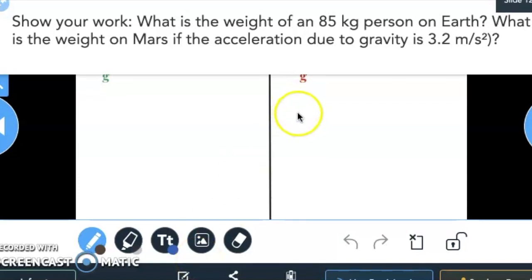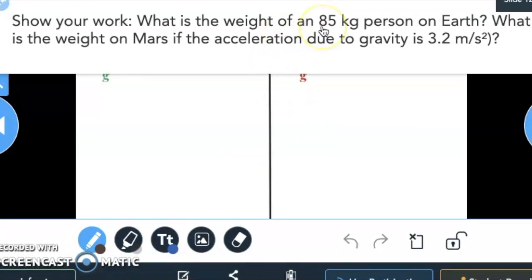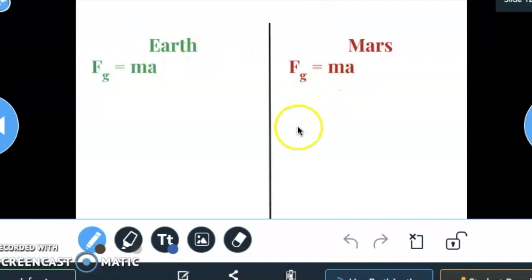So again, I gave you guys the mass of the person, which will stay the same on Earth and Mars. And I gave you the accelerations. And so you would go ahead and show me your work for the force on Earth and then for the force of gravity on Mars and see how they compare. Just to check your work, the weight of the 85 kilogram person on Earth should be 850 newtons, so 850 newtons.